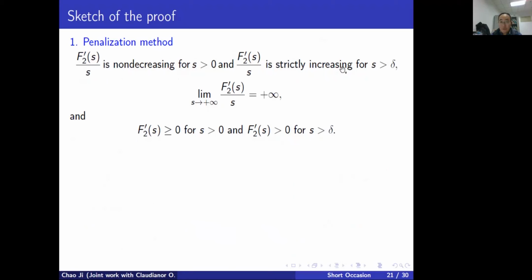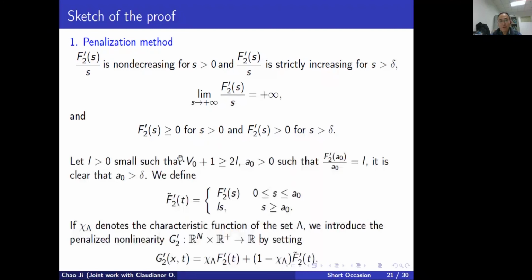If s is bigger than delta, we have this. We also can get this limit. It's very easy to verify. So we can use the penalization method due to del Pino and Felmer. This is very standard. We can consider this function as a nonlinear term.